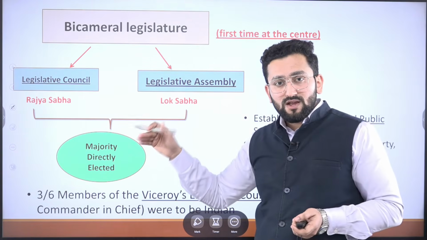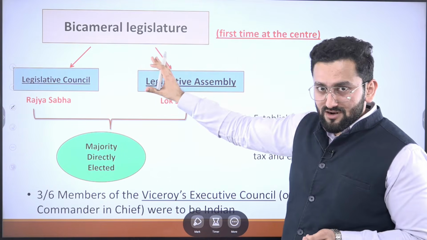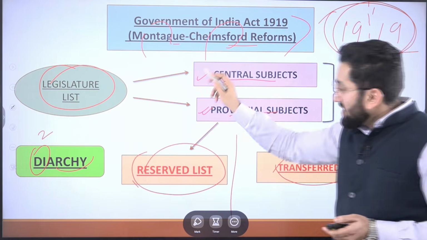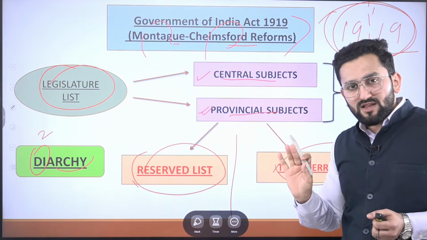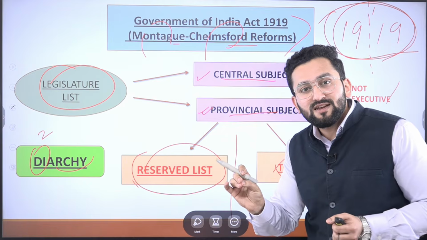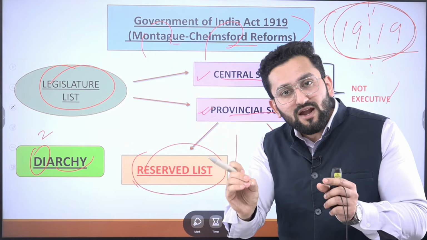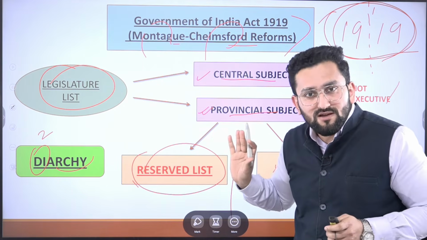Apart from this, the Government of India Act 1919 also introduced a bicameral legislature. Bicameral means, now please remember, until now we were talking about division of subjects, meaning the areas on which laws are made. We were just talking about those divisions, right?